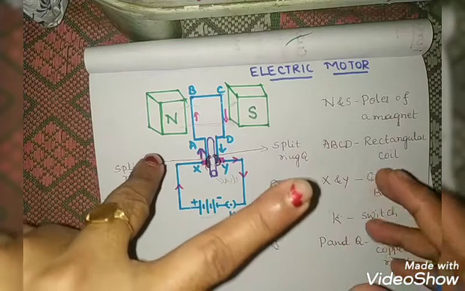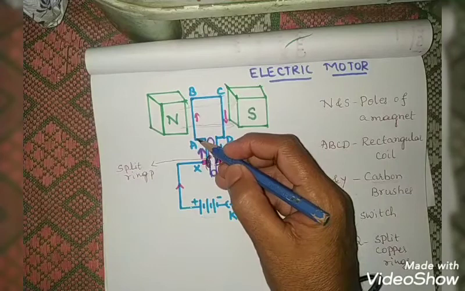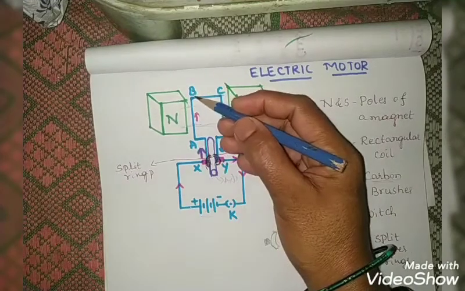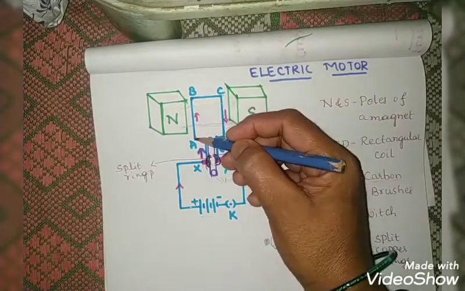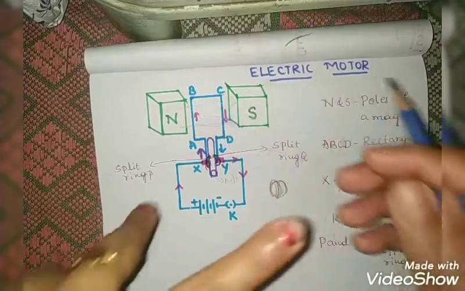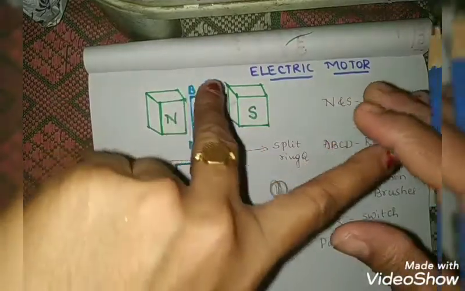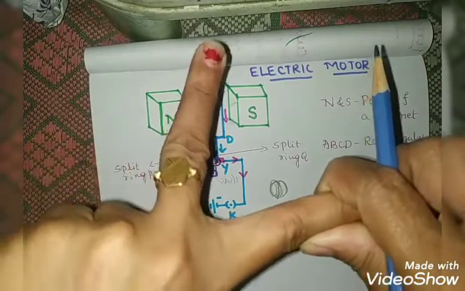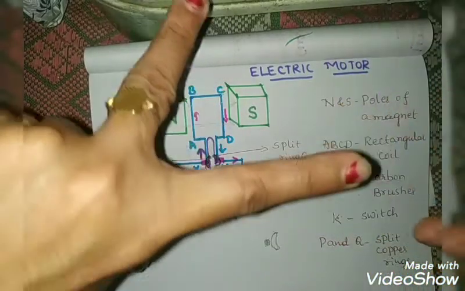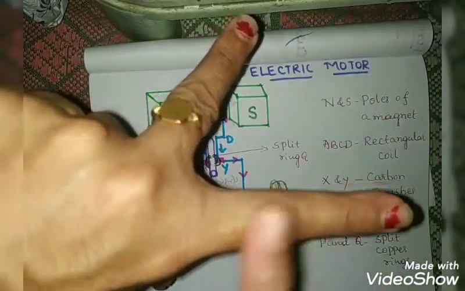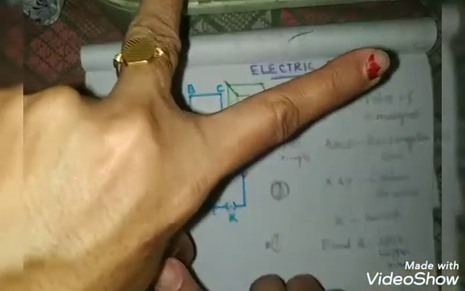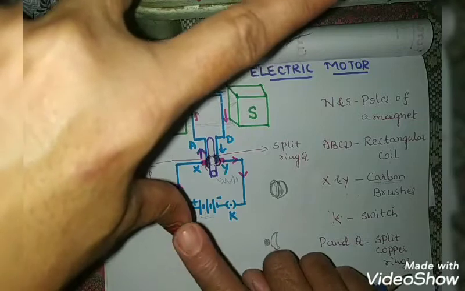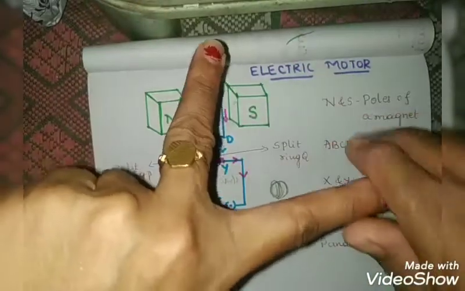Now see, children, I have to apply Fleming's left-hand rule to this arm AB. So, I have to hold like this, children. I have to hold the fingers like this. You can observe here, this is the forefinger, middle finger, and the thumb is down here. You can see the thumb downwards. Now what happens?